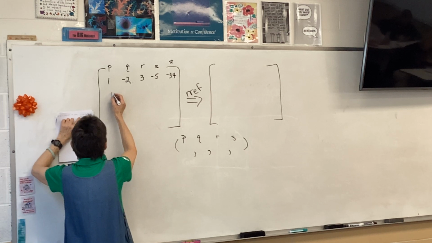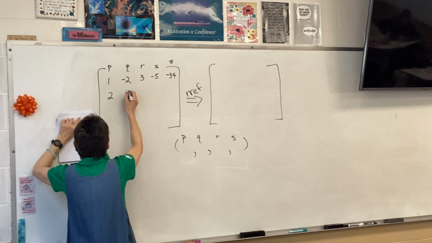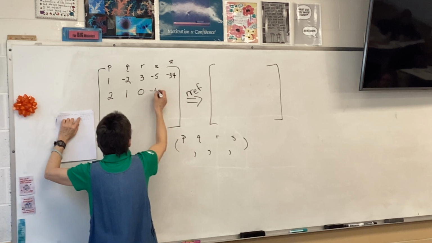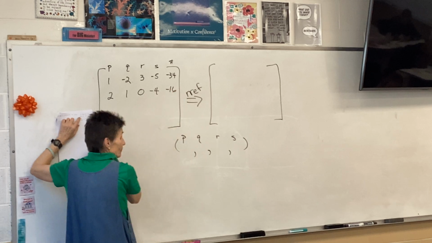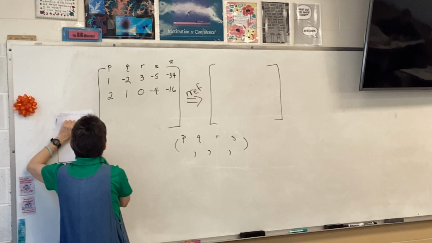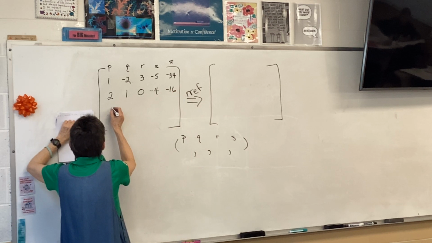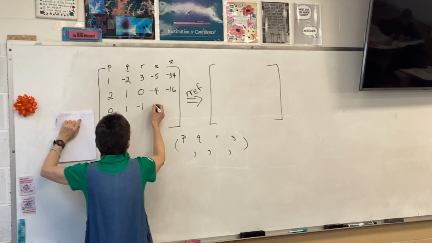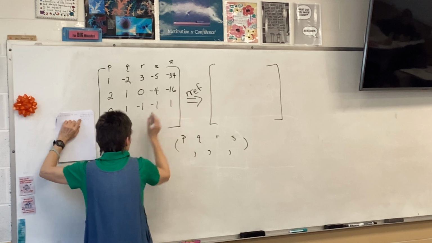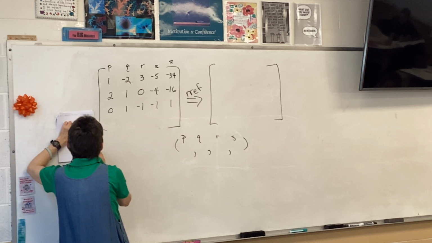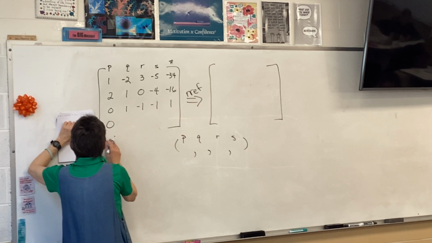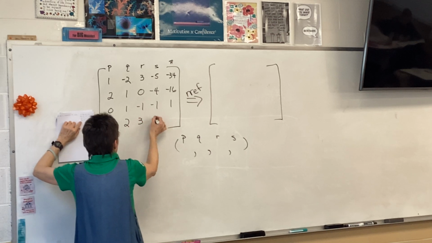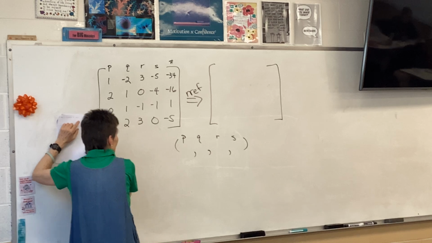What's it gonna look like? 2, 1, 0, -4, -16. How about my third one? 0, 1, -1, -1, 1, and 0, 2, 3, 0, -5.